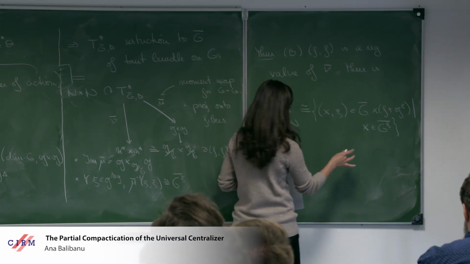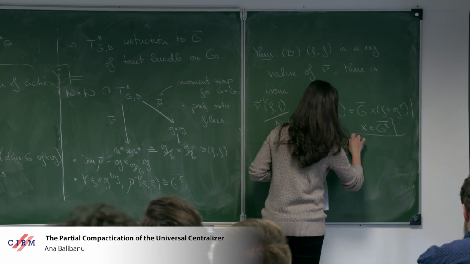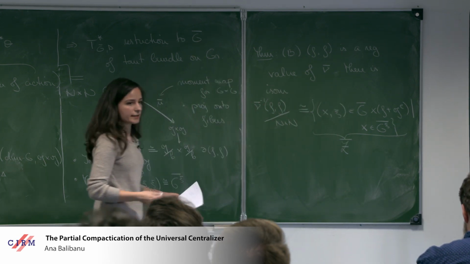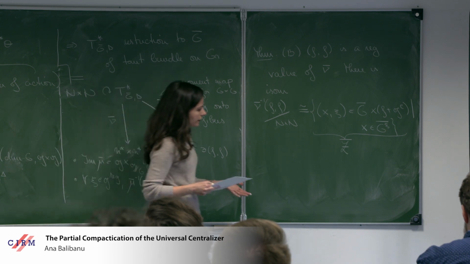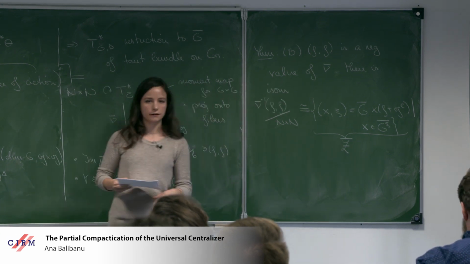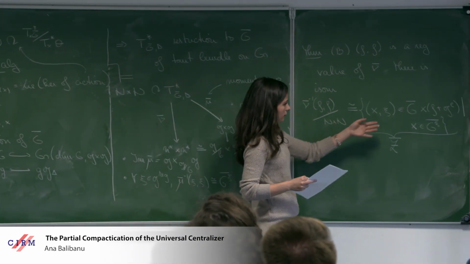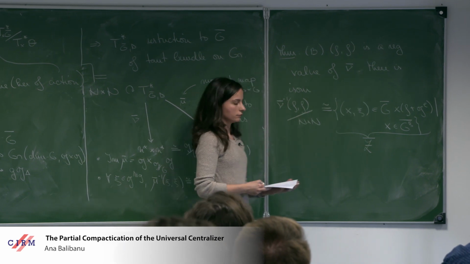And this thing on the right-hand side I'll denote by z bar. And you can see that it's a partial compactification of the universal centralizer Z in the G direction.